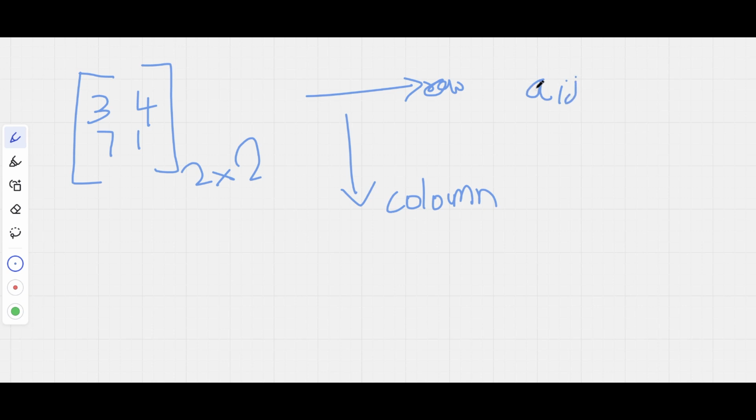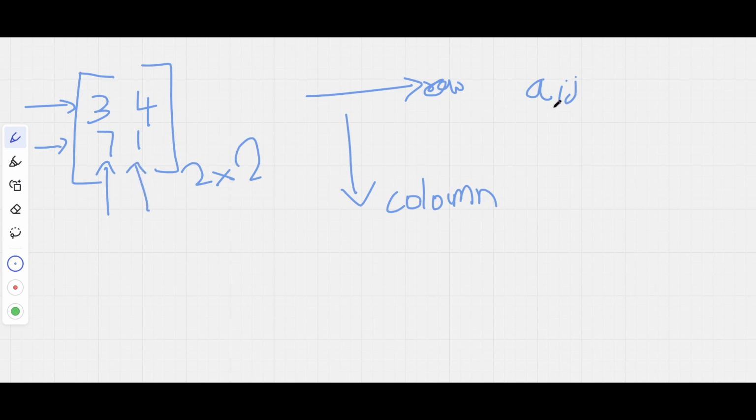Here A is the term. Term means the numbers inside the matrix, like 3, 4, 7, 1. I is the number of rows: this is the first row and this is the second row. I means rows and J means columns. How many columns? First column and second column.